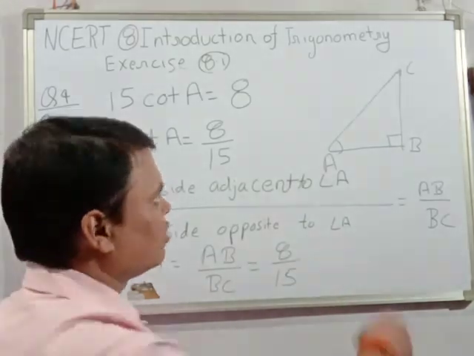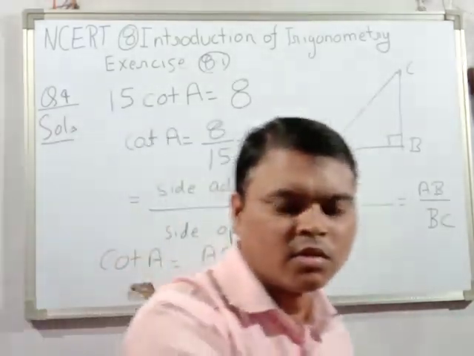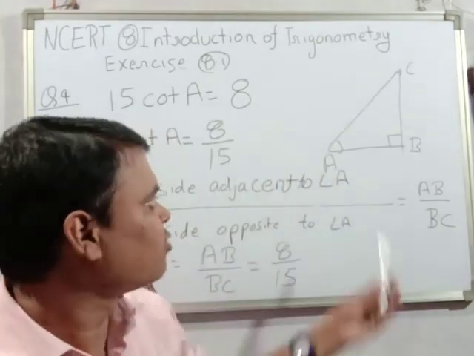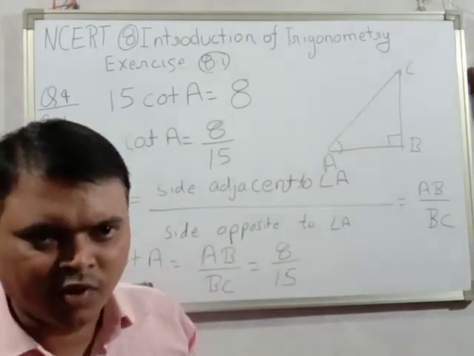By using the Pythagoras theorem, we will find the hypotenuse AC.